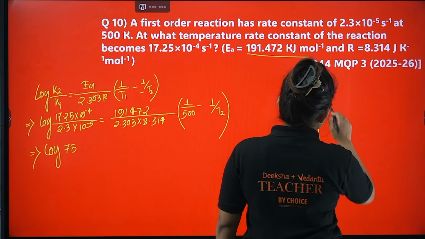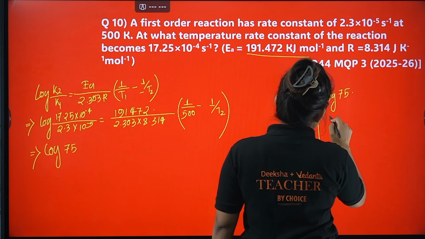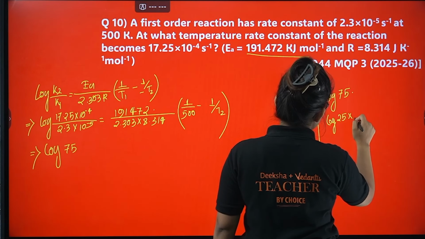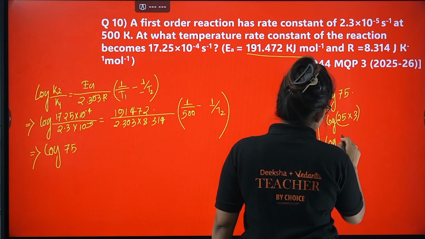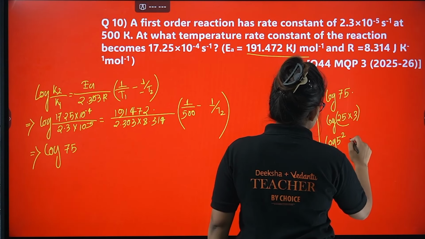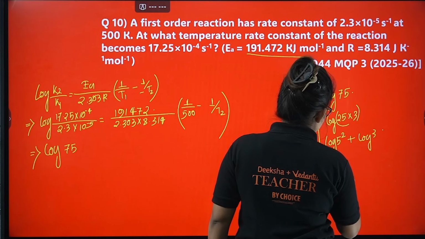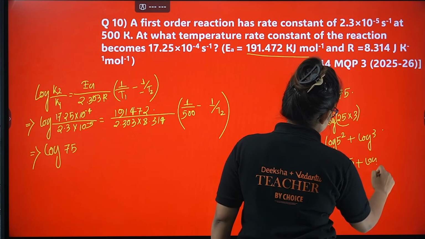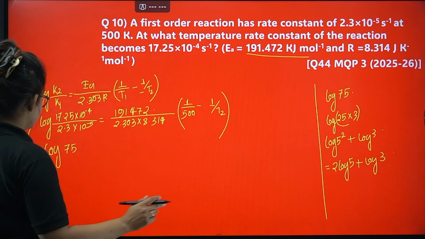If you are having log 75, then you can go ahead with log 25 into 3. Log 25 means log 5 square plus log 3, so 2 into log 5 plus log 3. Like that you can go ahead with the calculation.